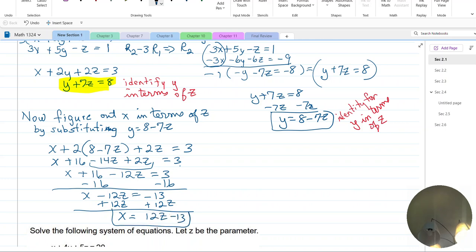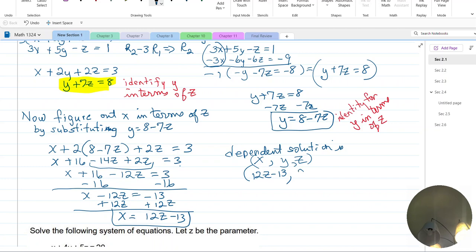So my dependent solution is, for x, 12z minus 13.